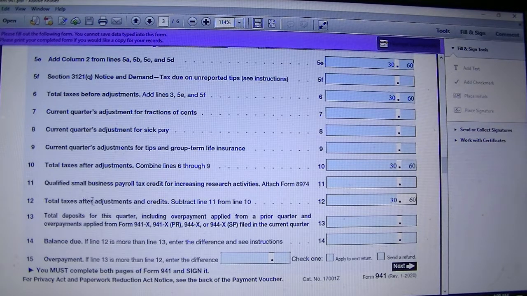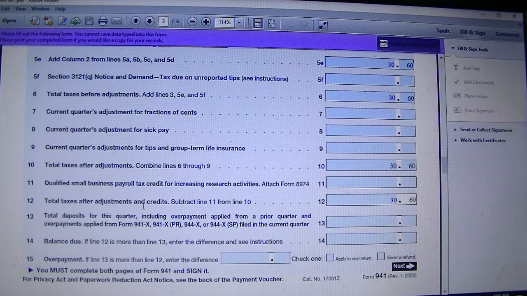And a little note here. Probably we can include it on line 13, but just keep in mind that based on your business, you might have requirements to make deposits.